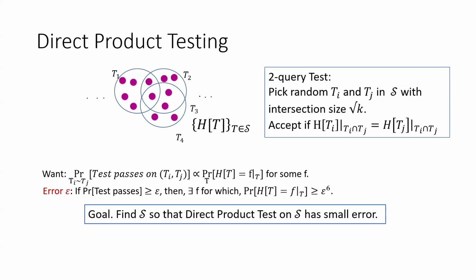Roughly, this is the parameter that works out when you take the complete set system, which I will talk about. The intuition is that you want a small enough parameter so that these sets have some kind of expansion, but you don't want it to be too small, because then it won't be meaningful that the test is passing.